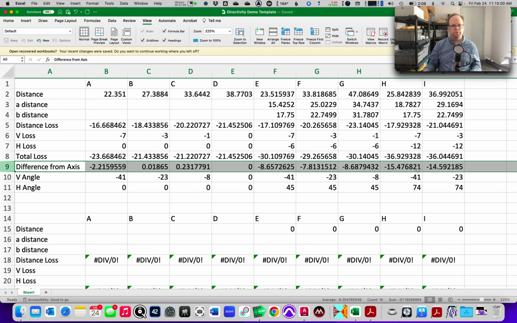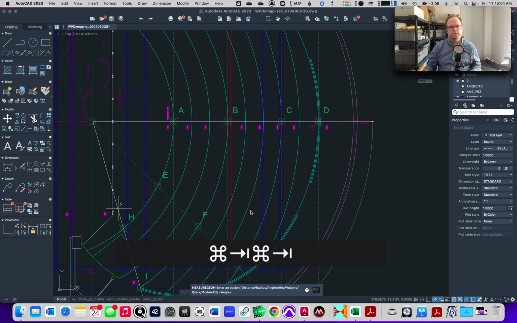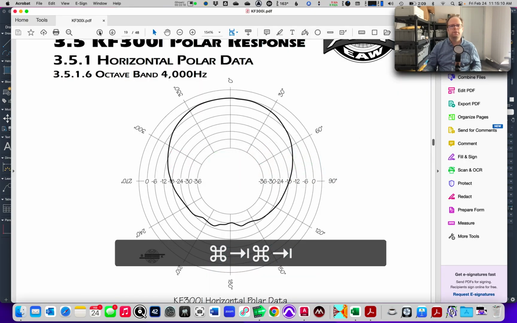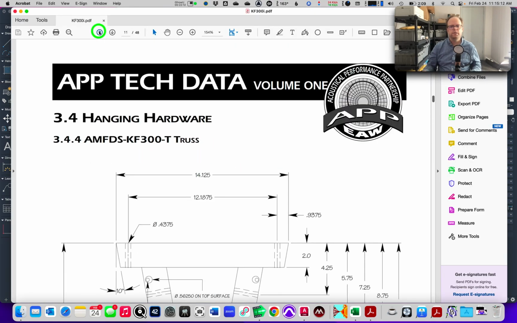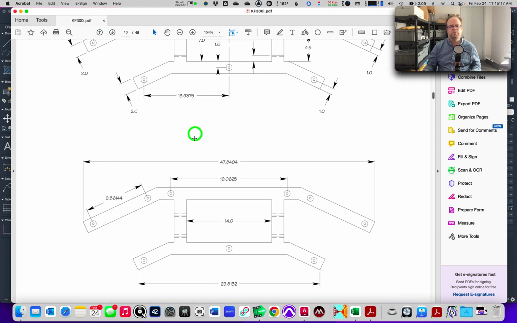So here's what we would do to fix this problem. What I want to do is I'm going to need 2 of these. And if we look around here in the manual, we will see they have this flybar that you can purchase or build.